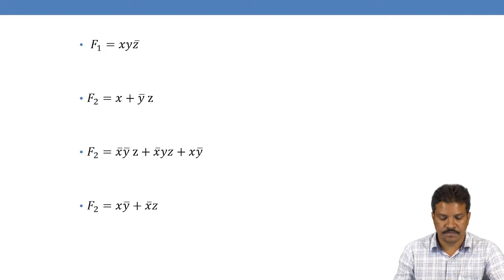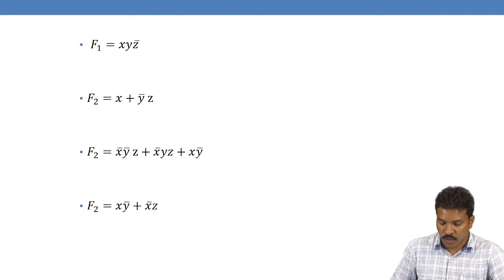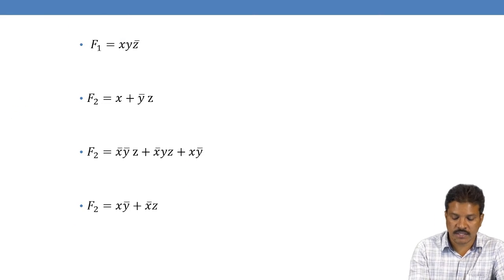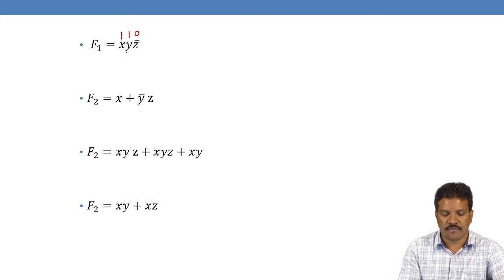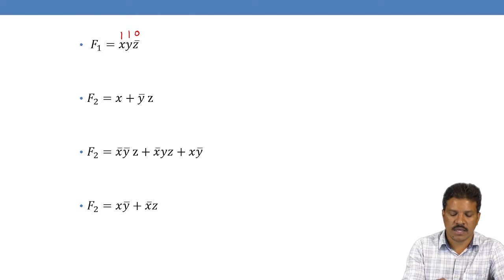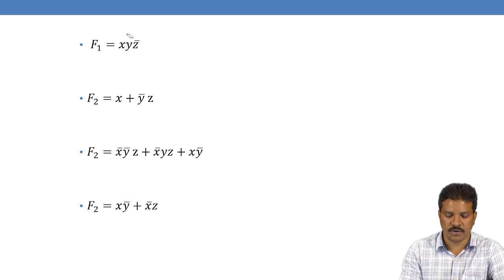In this case, the Boolean expression x y z bar is the only case where f is equal to 1: x is equal to 1, y is equal to 1 and z is equal to 0. 0 means 0 bar, and 0 bar is equal to 1. The product term of x, y and 0 bar is nothing but 1 into 1 into 1, so you will get f1 is equal to 1. In all remaining cases, you will get output f1 is equal to 0.